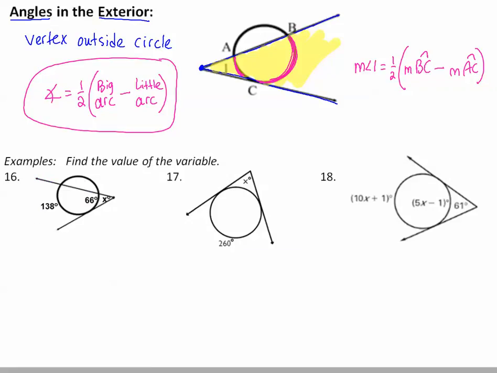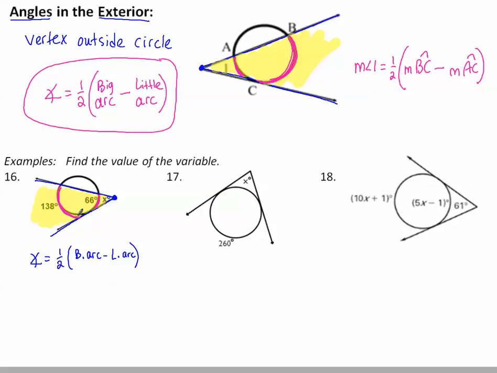Let's look at some examples for this. First thing to do, identify what type of angle we're dealing with. Extend the sides if necessary. I see the angle is outside the circle, so I write angle equals half of big arc minus little arc. Then I'm going to plug in what I have. But the flashlight might help me. So I'm going to shine it on here and see what arcs are being intercepted. 138, the farther away one, 66, the closer one.